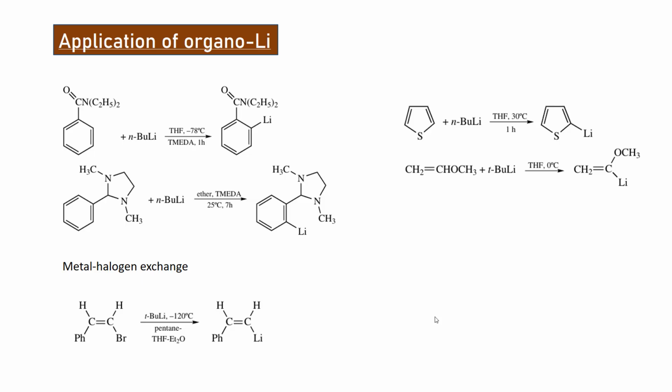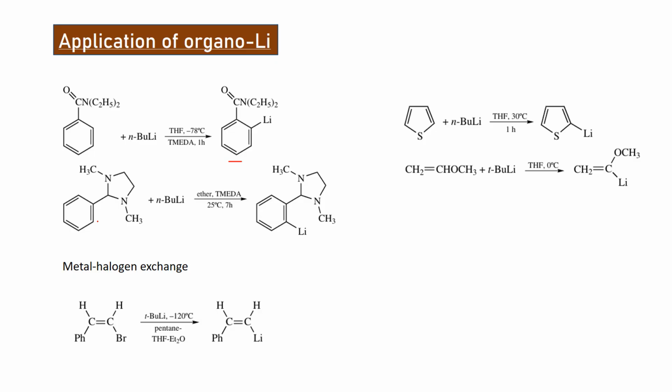These types of organolithium compounds can be added to any organic compound and generate a new organolithium complex. So here if you add this butyl lithium to a ketone like this, or an amide like this, it specifically takes a proton from this ortho position and generates this type of organolithium complex.